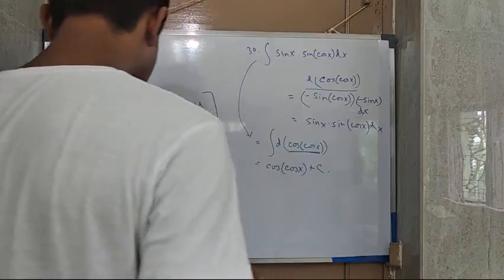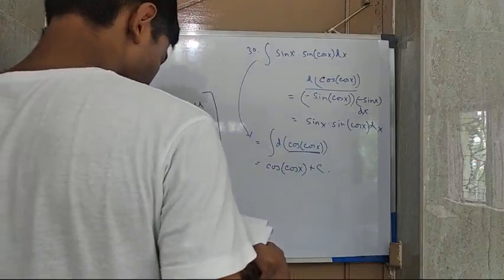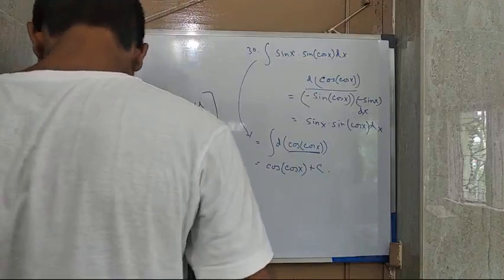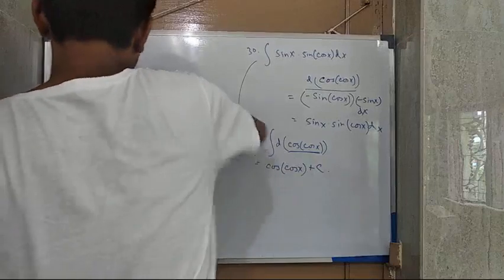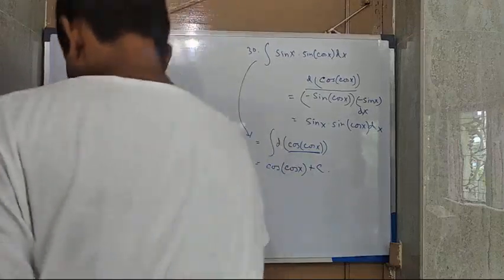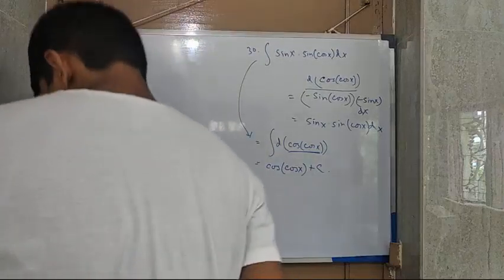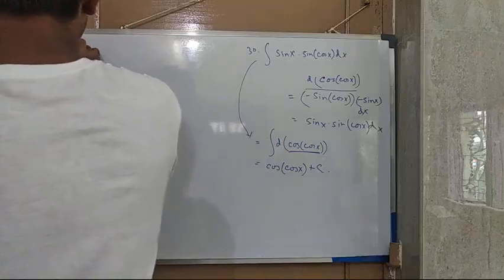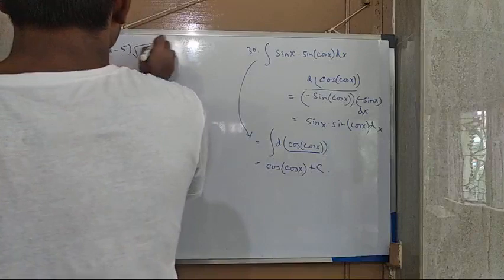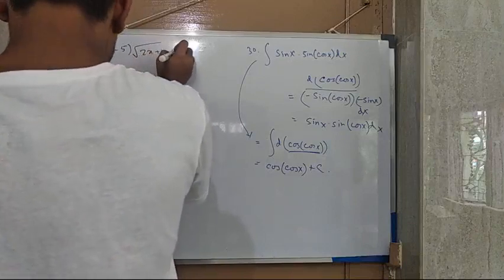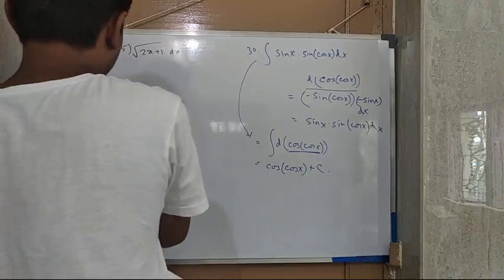Now let's proceed for the 31st question, which is integral 2x minus 5 times root under 2x plus 1 dx.